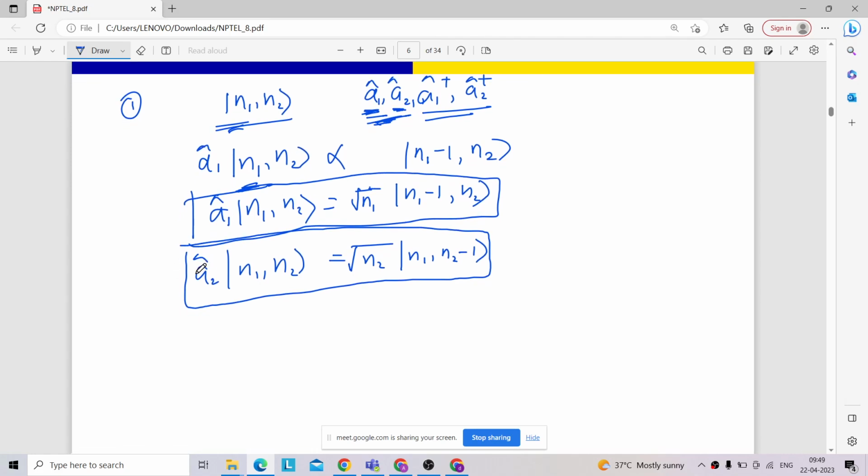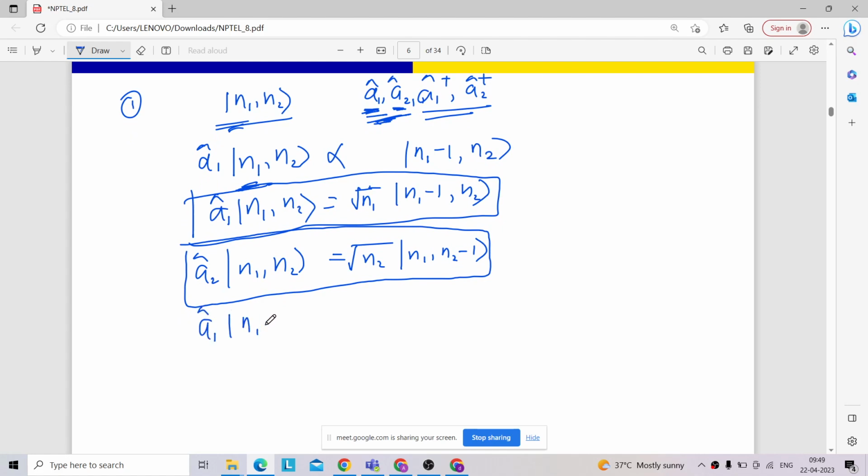Now let's see the action of the creation operator on this Fock state. As you might know, the creation operator creates an excitation or a particle in its system. This subscript represents the first system, so it will create a particle in the first system.